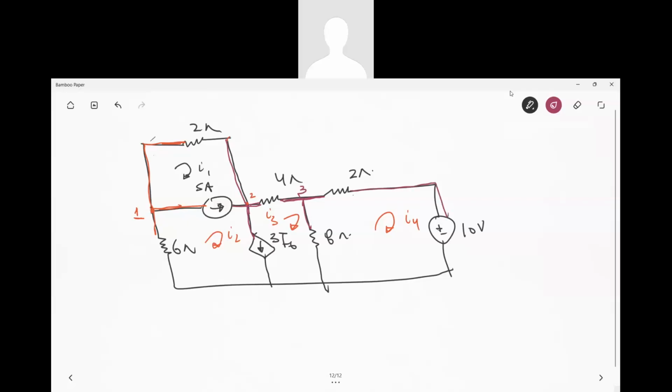Then this part is your 4, and this is your common reference node 5. This is node 5, the common node. At this node, if you notice, where is the super node here now? Can you tell me? This is your homework.